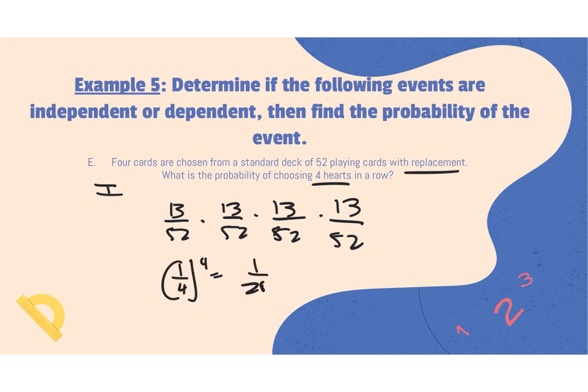So you're going to get 1 out of 256, which is going to be 0.004. So a very, very small likelihood that you're going to get 4 hearts in a row, even putting the card back. Okay, so let your calculator do a lot of the multiplying for you, and then make sure that your setup is the correct one.